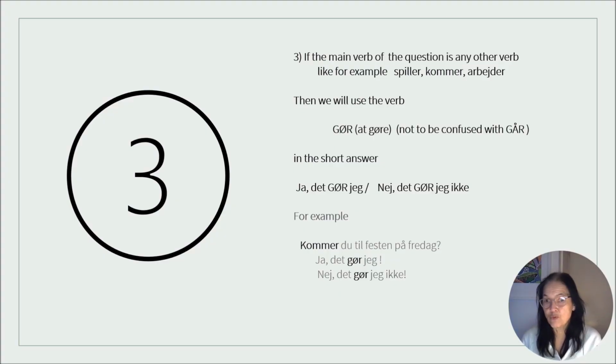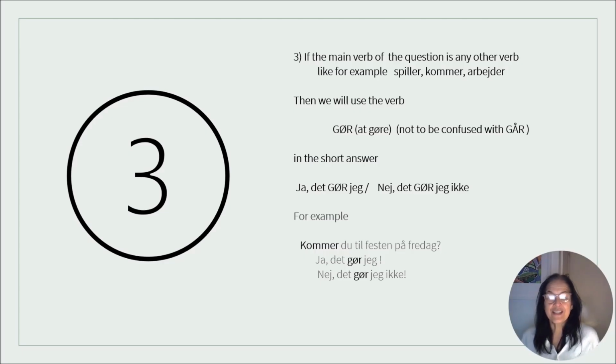So gør means do, and går means walk or go. So the short answer would then be, ja, det gør jeg, eller nej, det gør jeg ikke. For eksempel, kommer du til festen på fredag? Ja, det gør jeg. Nej, det gør jeg ikke.